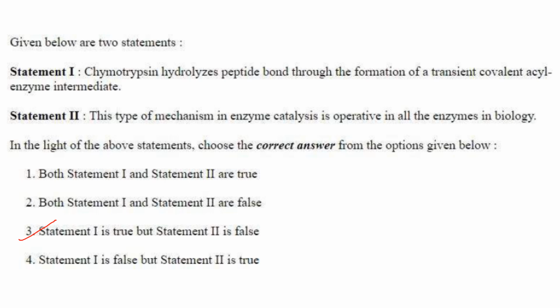Carbonic anhydrase use metal ion catalysis, that is zinc is involved there as the metal. Then lactate dehydrogenase, they use redox reactions. So how can it be that this type of mechanism is operative in all enzymes in the biology? That is not possible. So statement 2 is incorrect but statement 1 is correct. So the answer here is option 3. Statement 1 is true but statement 2 is false.